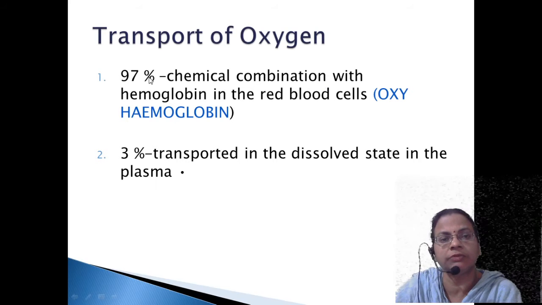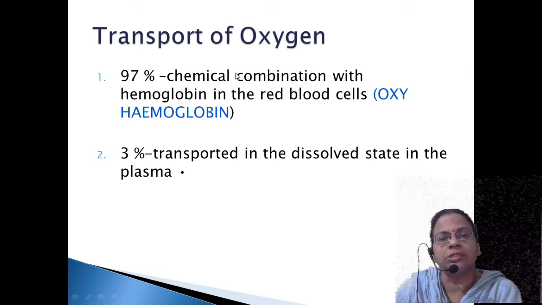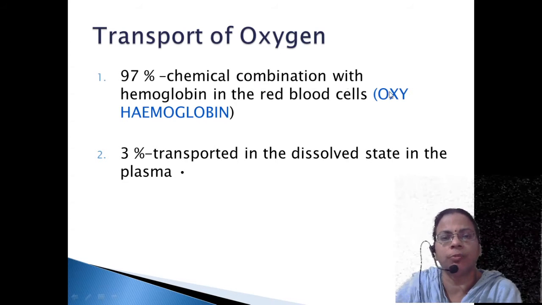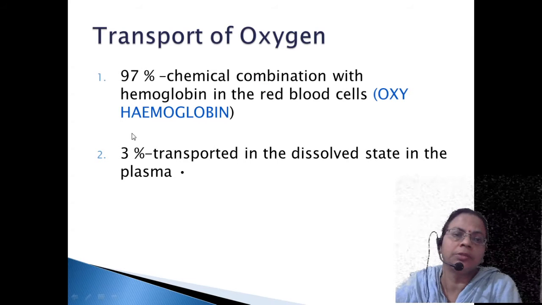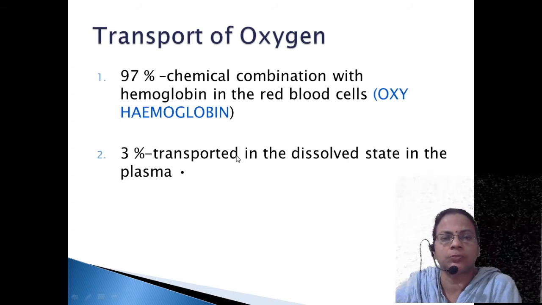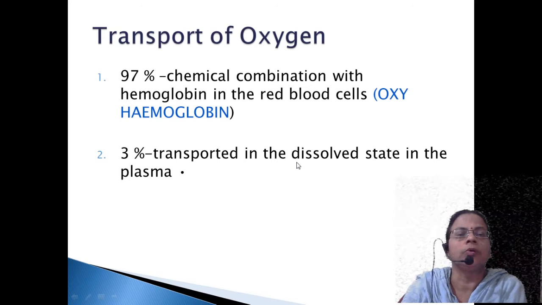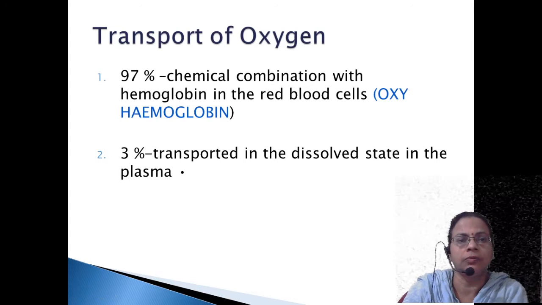So 97% of oxygen is carried by RBC in the combined form, combined with hemoglobin as oxyhemoglobin. The remaining 3% is transported in the dissolved state in the plasma. So only two methods have to be learned.